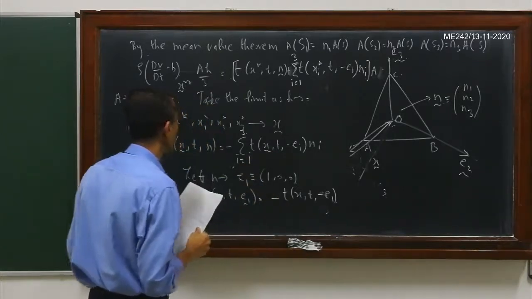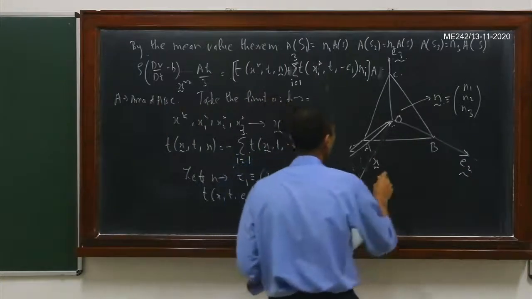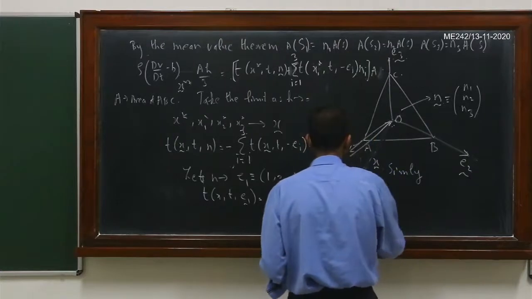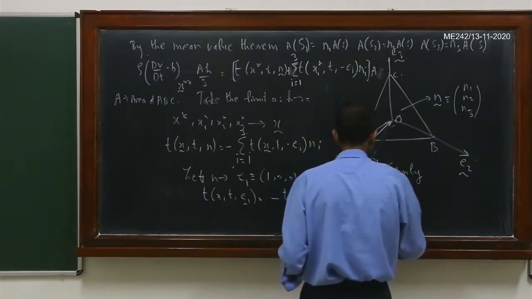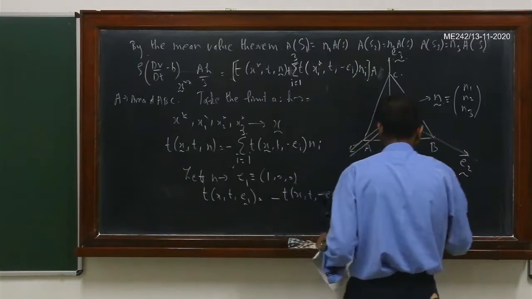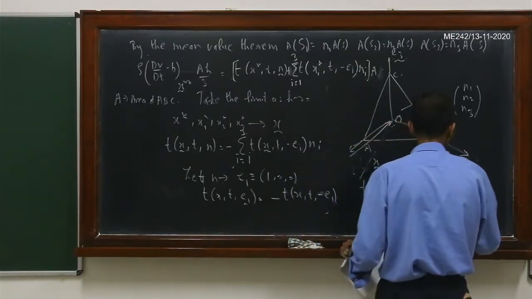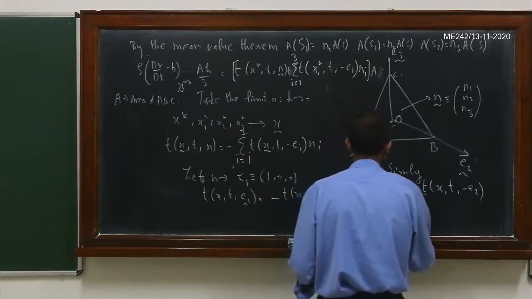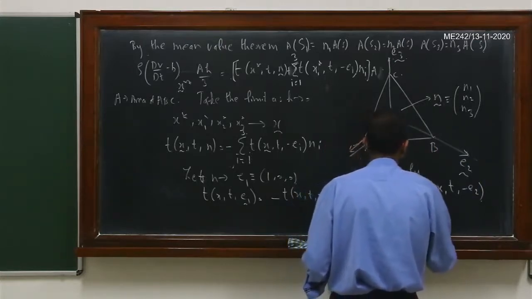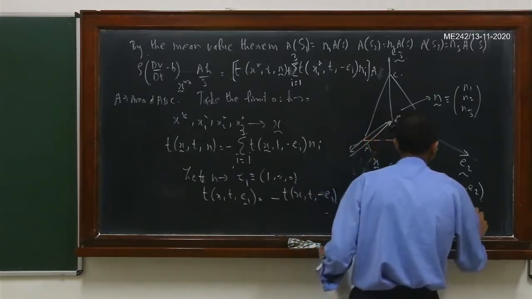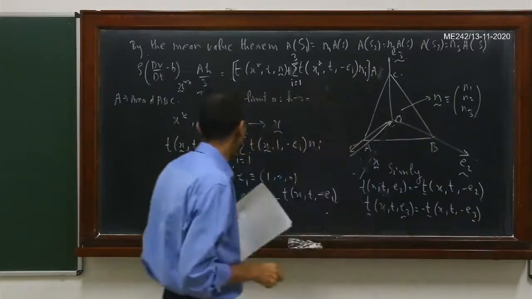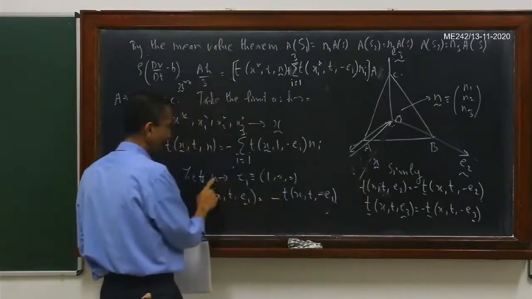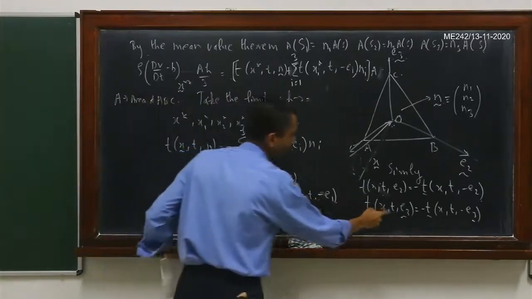Similarly, t of x, t E2 is minus of t of x, t minus E2, and t of x, t E3 is equal to minus t of x, t minus E3. In a similar way, you let n tend to E2 and you get this. Then when n tends to E3, you get this particular result here.